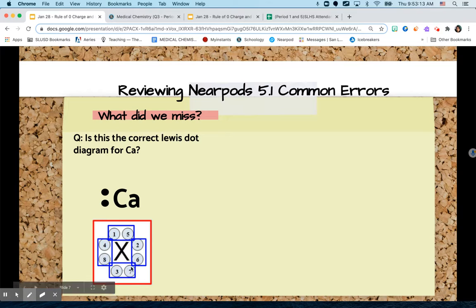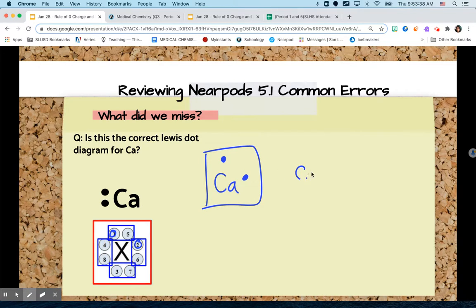Please make sure to follow this outline in your notes. Calcium is in group 2A, so it has 2 valence electrons. I'm going to draw the dots, one on top as my first one, second one on the right. So this will be my first answer.